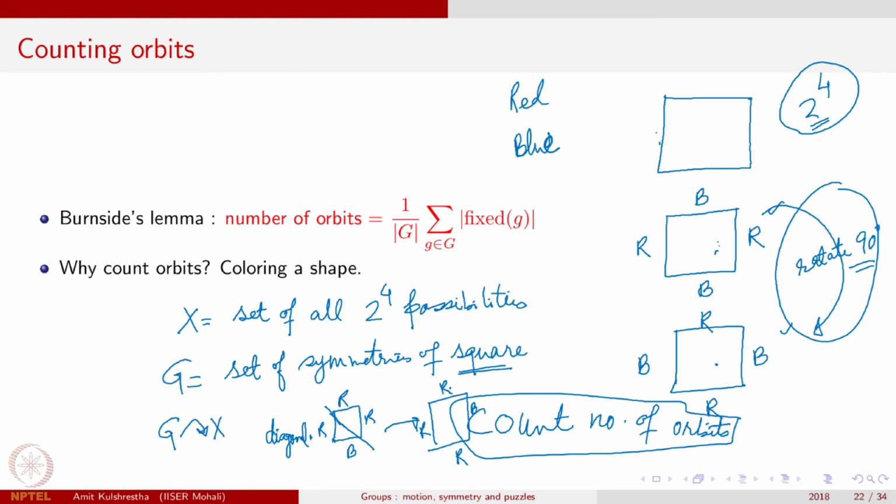Okay. So, when under this action you count the number of orbits, that is when you actually get the right number of different toys that you can create. And in the exercise set, we are going to have some interesting problems, including some which involve a cube and a tetrahedron. Okay, that is one reason why we should count orbits.